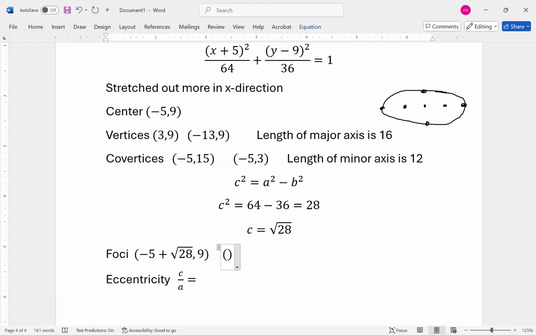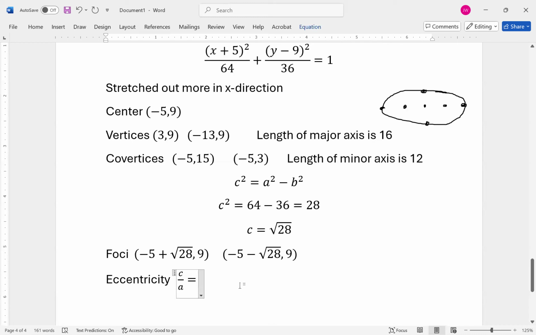And my second focus is going to be -5 minus square root of 28, comma 9. So we start at the center and we move square root of 28 units right and square root of 28 units left. If you wanted an approximate value, you can figure out the approximate value of that.